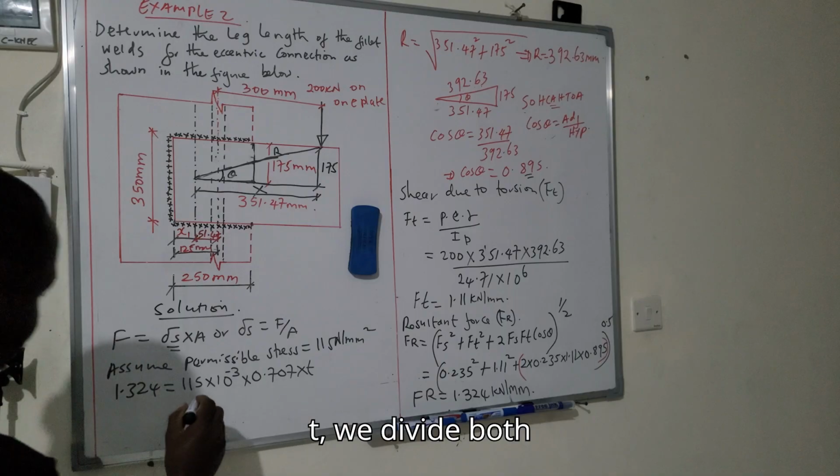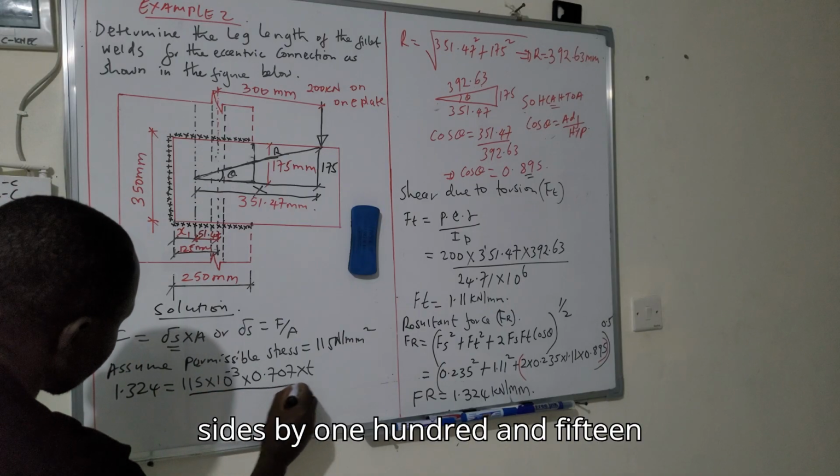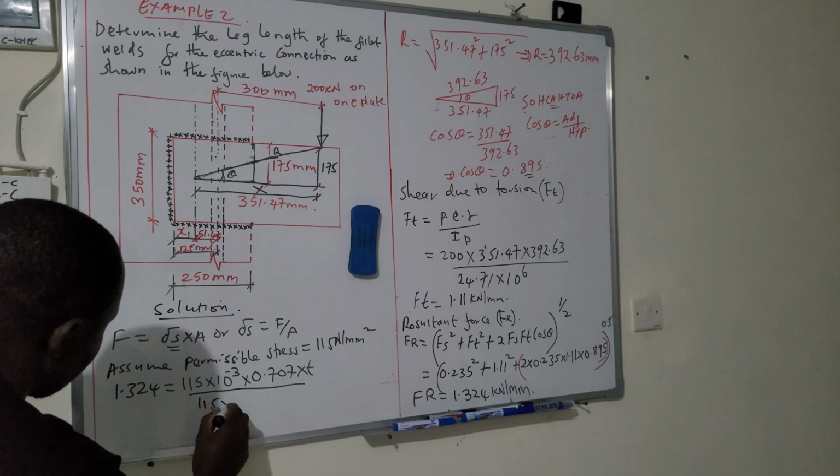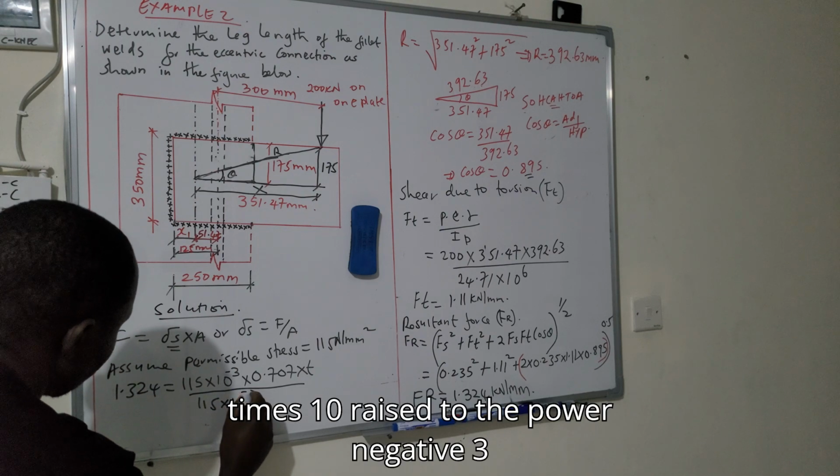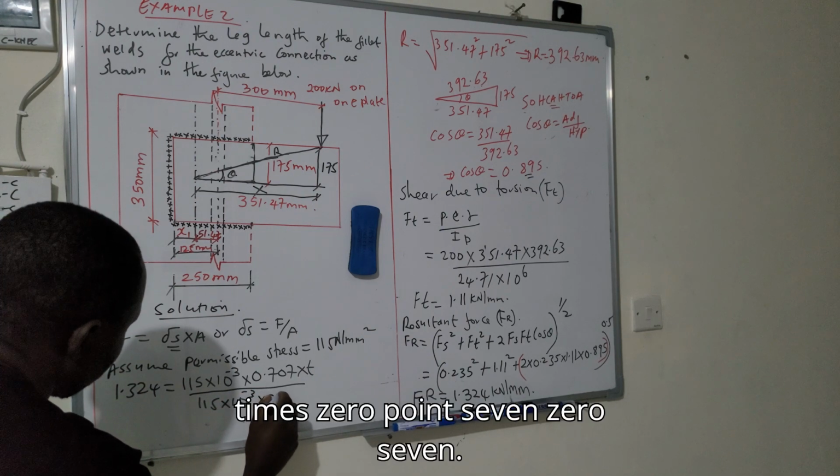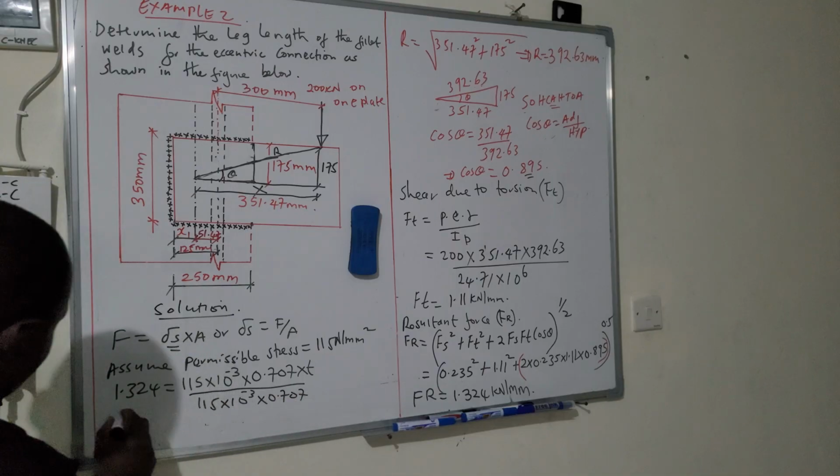So to get T, you divide both sides by 115 times 10 raised power negative 3 times 0.707.